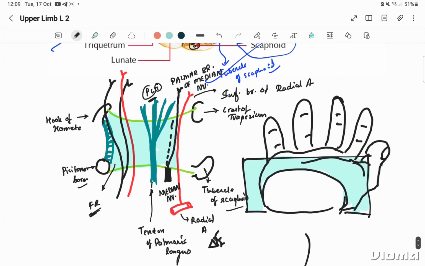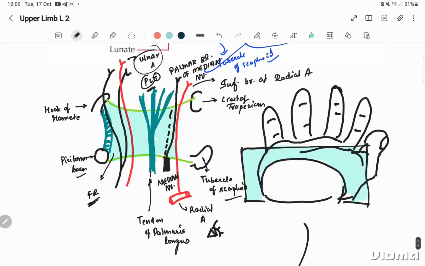Then we have 2 other structures. This one is the ulnar artery, which passes over the flexor retinaculum, and this one is the ulnar nerve, and the branch that is passing over it is the palmar branch of the ulnar nerve.